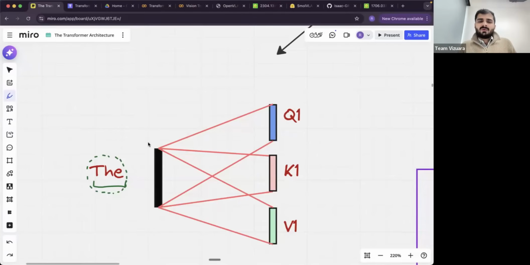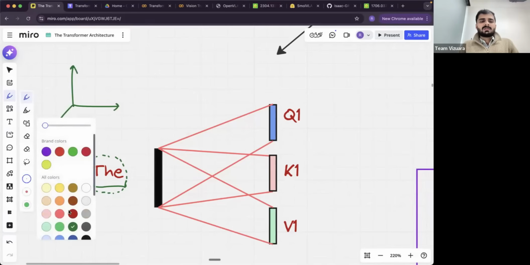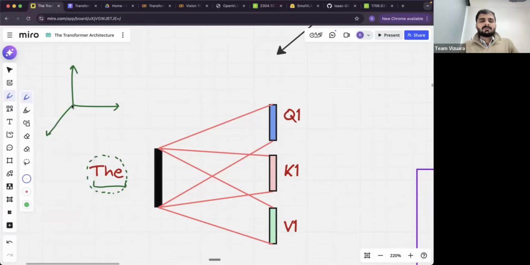So imagine that this is some vector in space which looks something like this. Now what happens in the next step is, for this vector, we convert it into queries, which is what this Q symbol means, keys and values.